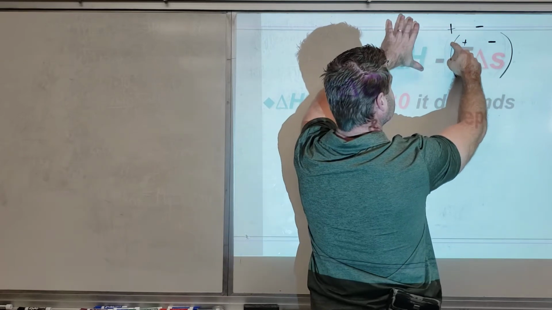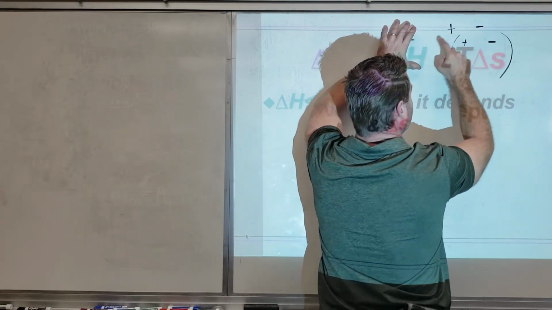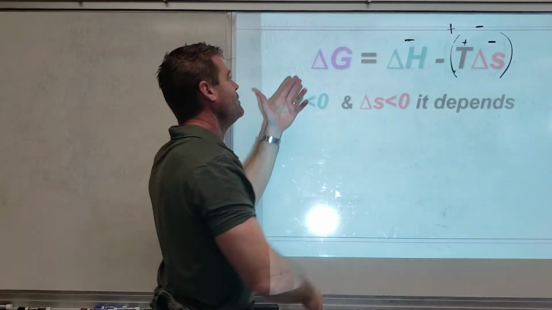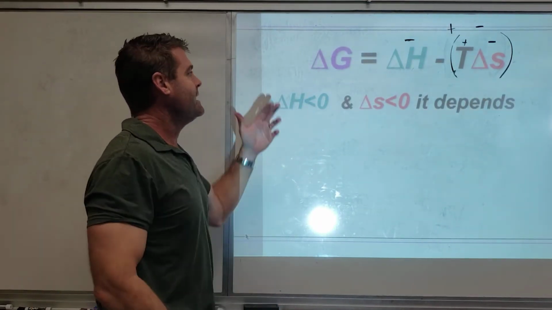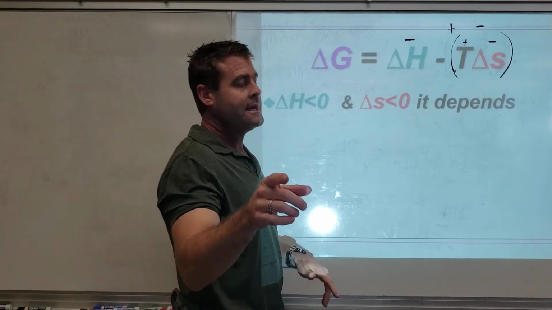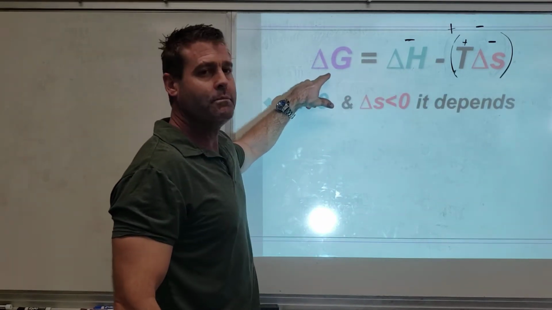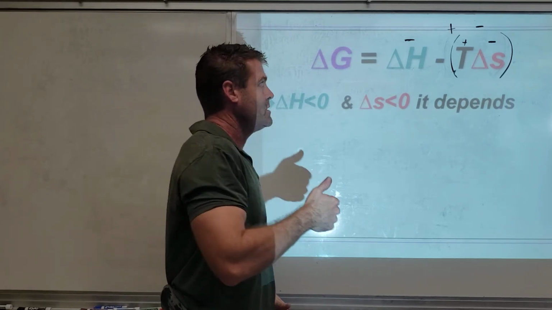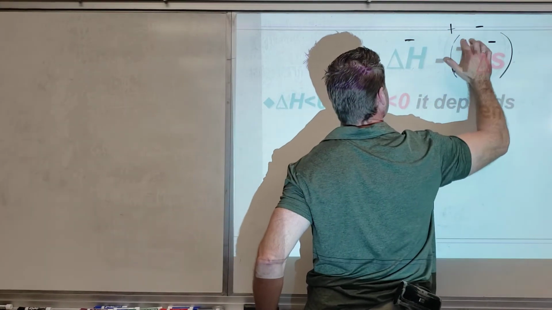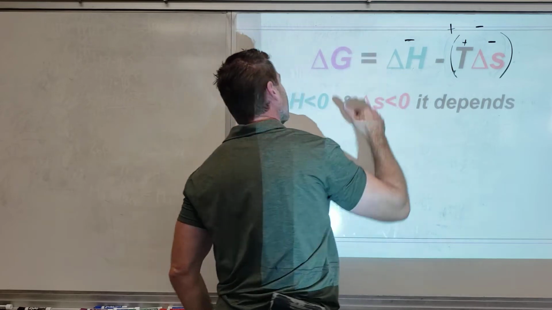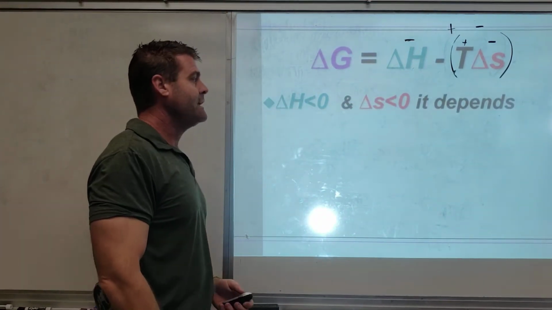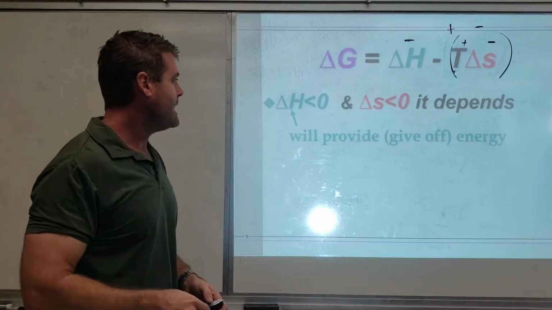So now the negative value will be greater than the positive value. If your negative number is greater than your positive, overall you have a negative value. So under low temperature conditions, it would be spontaneous, it would naturally occur. But under high temperature conditions, which increases this positive factor, making delta G positive, it would not happen. Okay, this is a question I'm going to ask you guys.